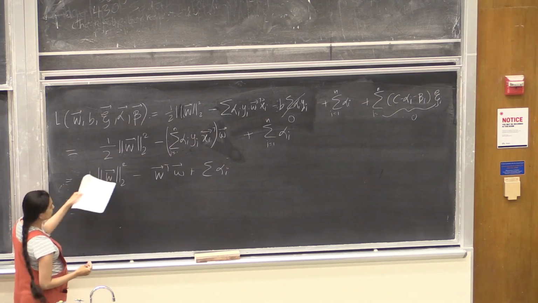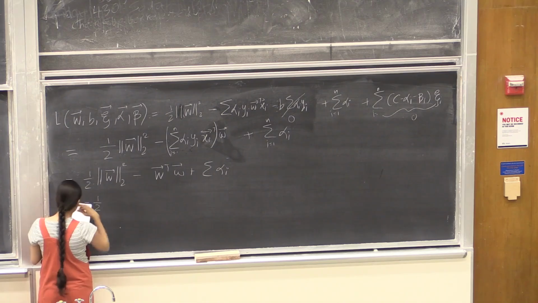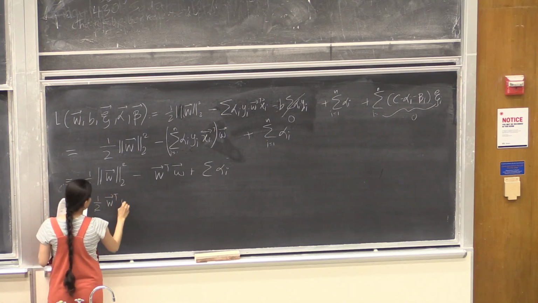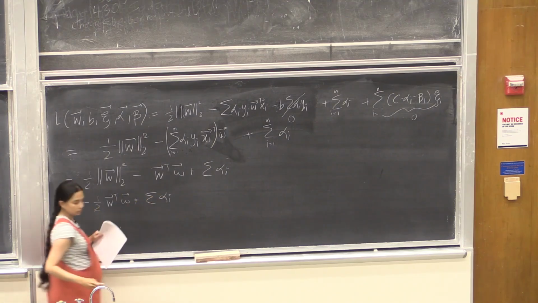But now these things cancel. So this is just minus 1/2 W transpose W plus sigma alpha i. Okay?